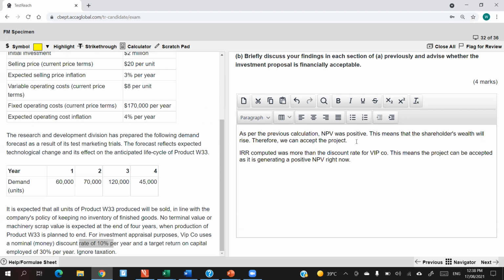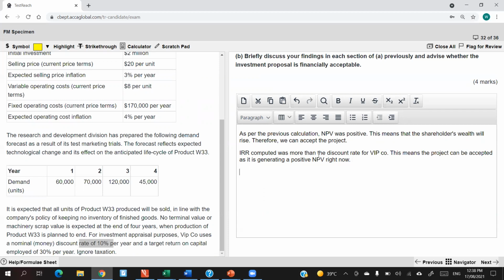And it is only up to the point that if it goes to 18%, only then the NPV would be nil. So up to 18%, it's a positive NPV. Therefore, we can accept this project. So you leave a line, and then you'll start talking about the ROC and so on.